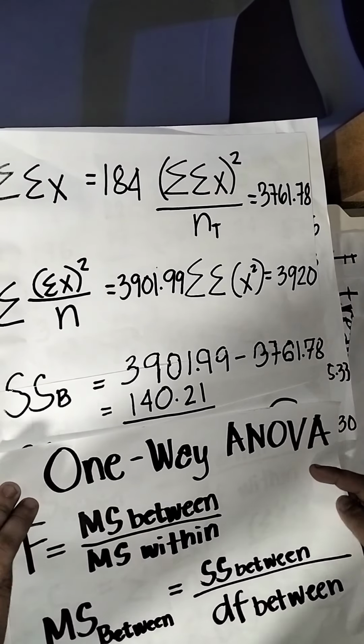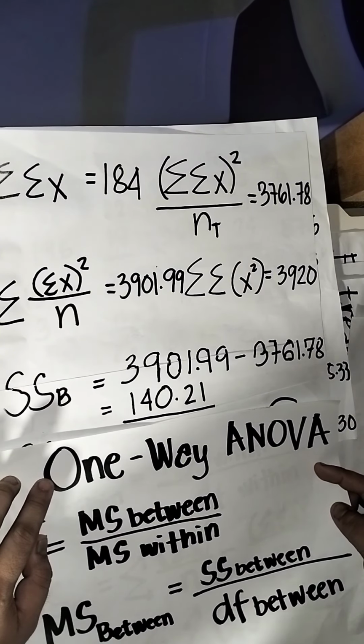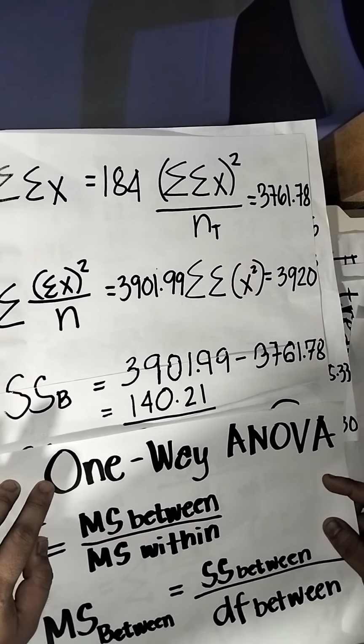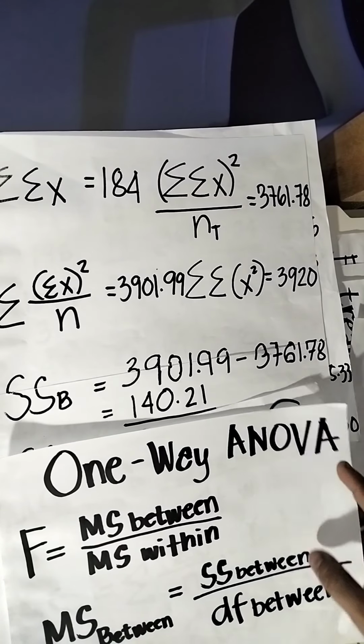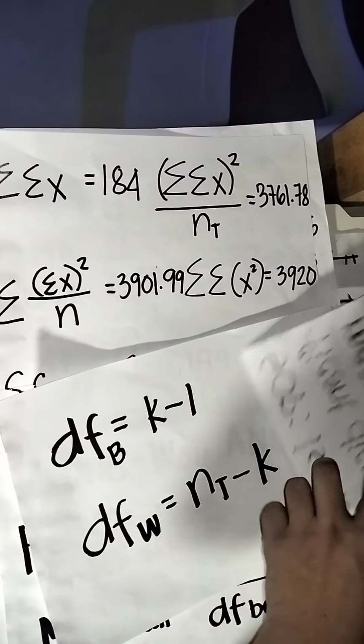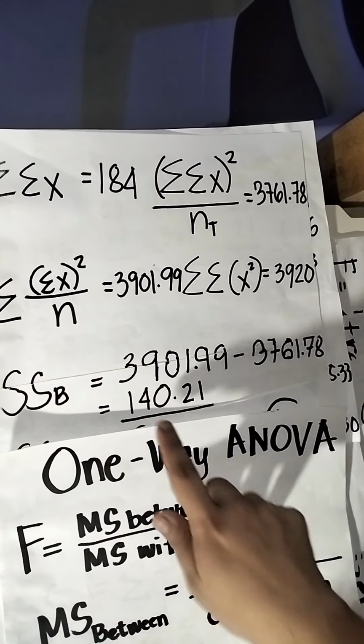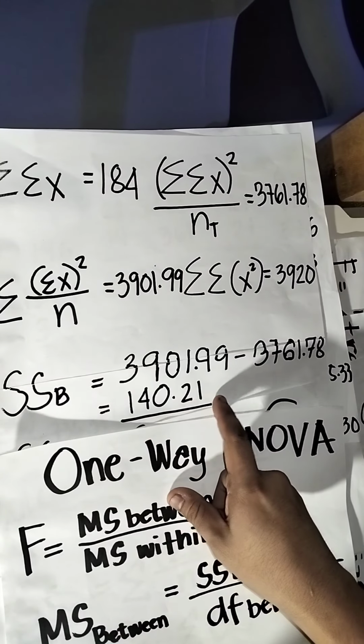What is the value of our SS between? We have 140.21. We divide it by our degree of freedom between. Here. What is the degree of freedom of between? Do we have now the SS between? Yes, it is 140.21.